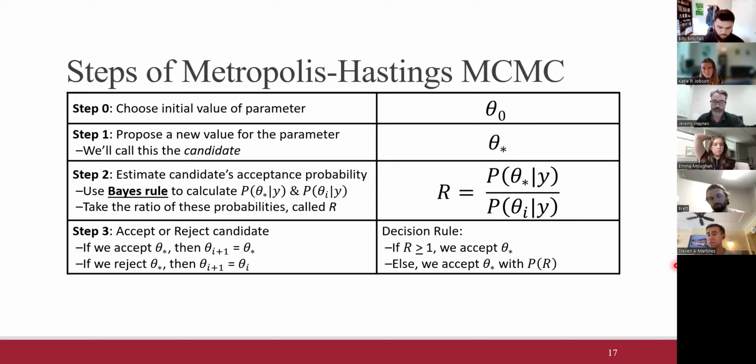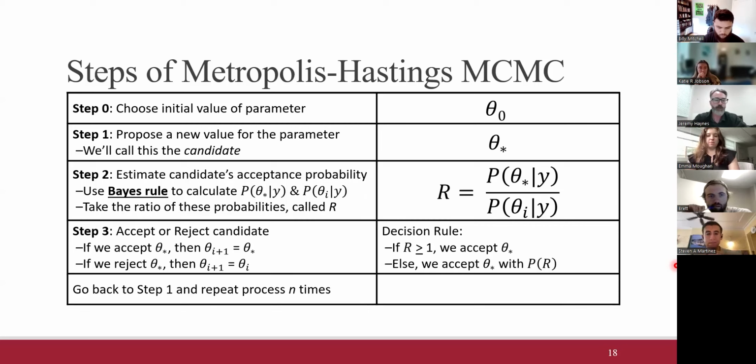The reason for this is that if we automatically rejected low probability candidates, then we would not sample from the tails of that distribution, if we're dealing with a normal distribution. We wouldn't really fully characterize some of the low probabilities of that parameter value. But we do still want to characterize that part of the distribution. And so that's why we have this decision rule, which seems a little funky. Okay. And then we're just going to repeat this n number of times. So we're just going to go back to step 1.